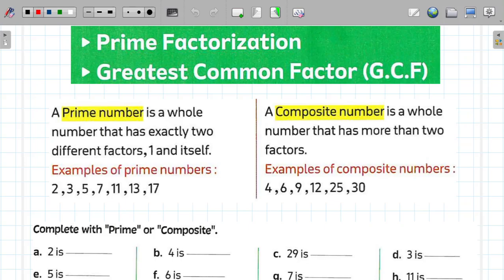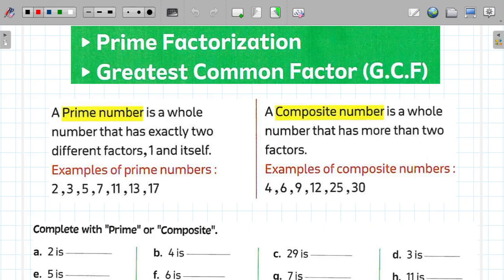Our lesson today is the fourth and fifth lessons of the second unit of the fifth grade curriculum of the academic year 2024-2025. Today we will talk about prime factorization for any number to find the prime factors of this number.